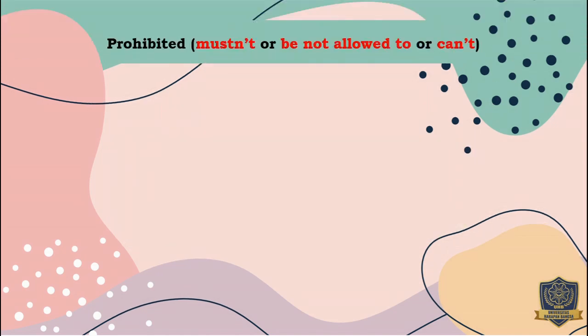Next, prohibited. You can use mustn't, be not allowed to, or can't. Ketika suatu hal itu dilarang atau merupakan suatu larangan, kalian bisa menggunakan kata atau modal verbs yang berwarna merah.